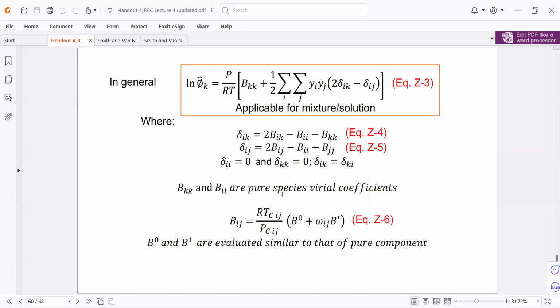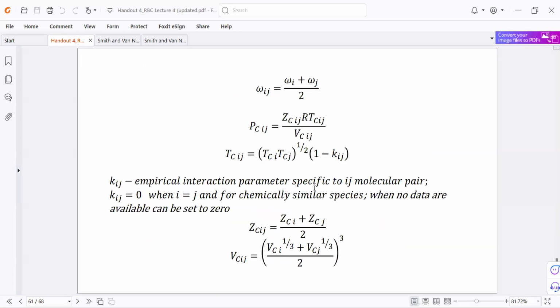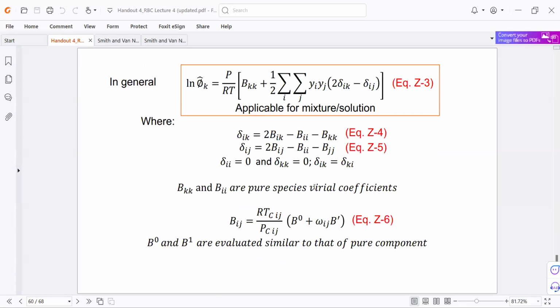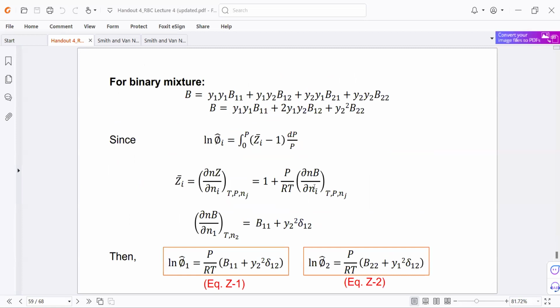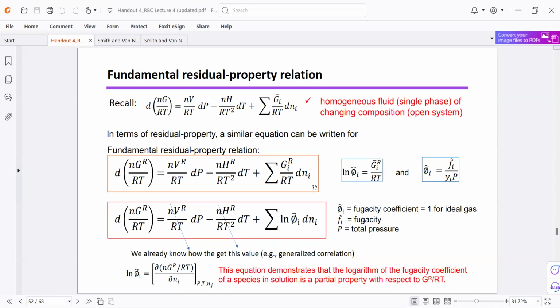For species in a mixture, phi is represented by phi hat. For pure species, it's just phi. So that's the important essence of this lecture: we have different approaches in getting phi or phi hat.